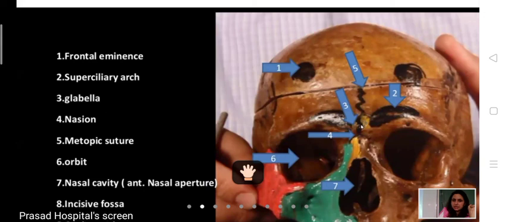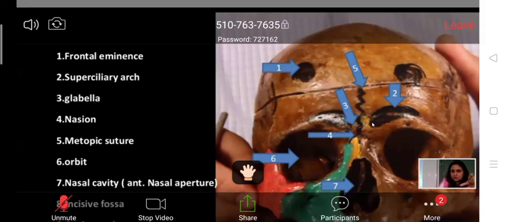On the lateral side, there is a curved elevation which starts from the glabella and runs laterally just above the supraorbital margins. These curved elevations are called the superciliary arch. Okay, so this one is nasioorbital.